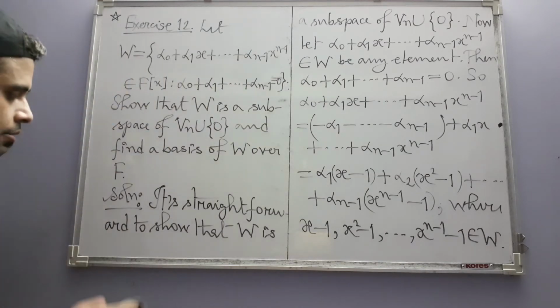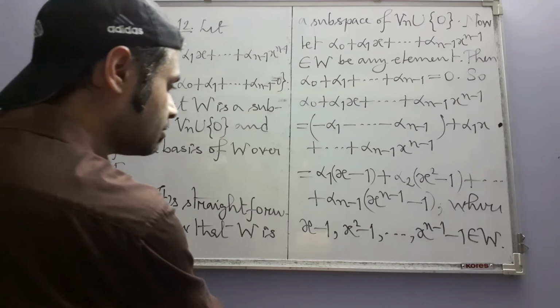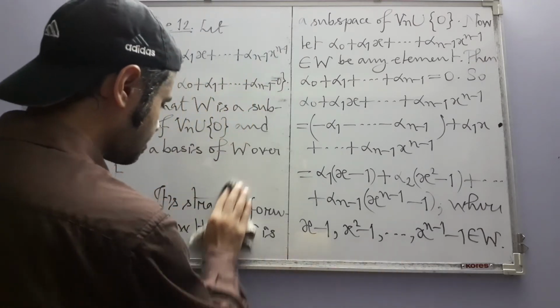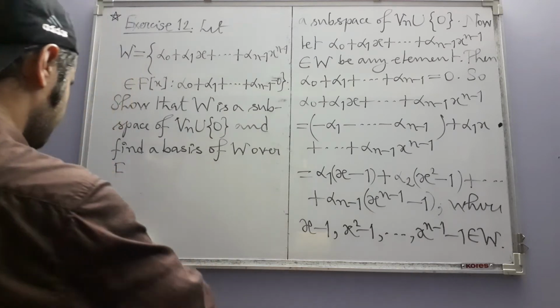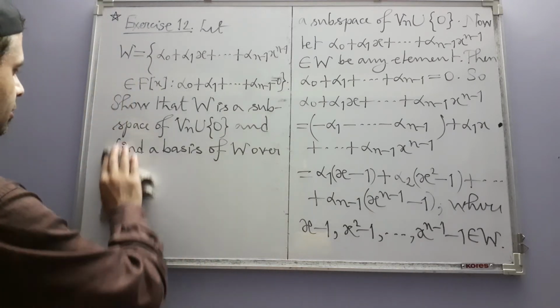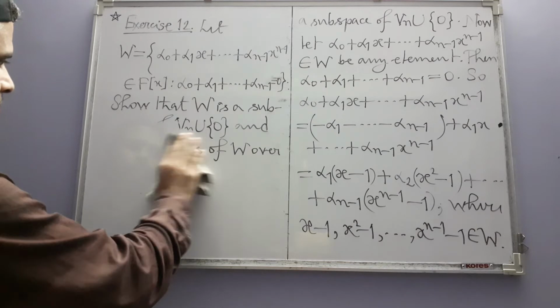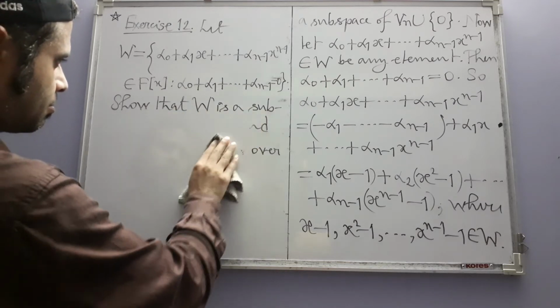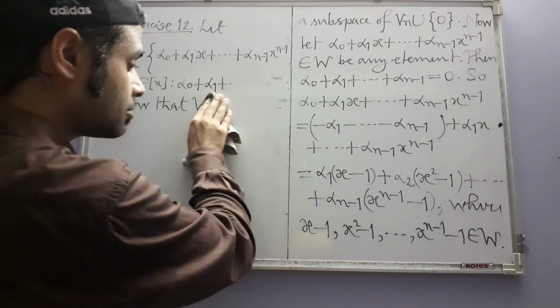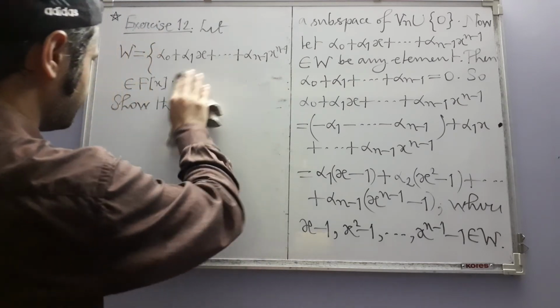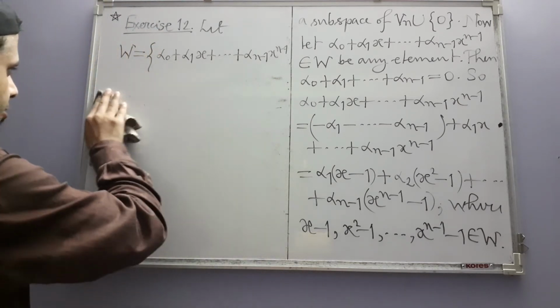Now we can say, because of all of this, that these vectors in fact span W. So despite how the definition of W looks, the vectors that span W are hiding inside.